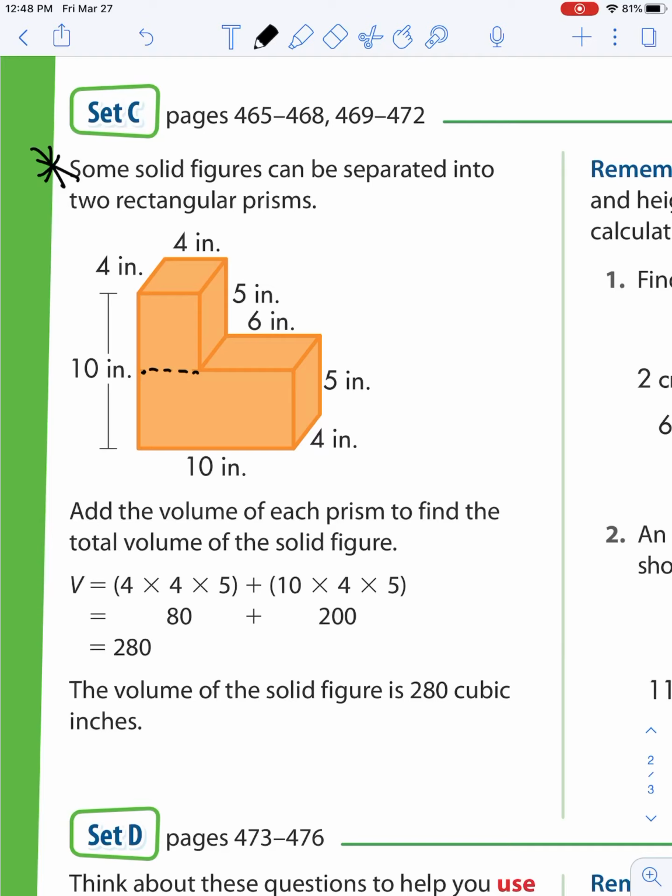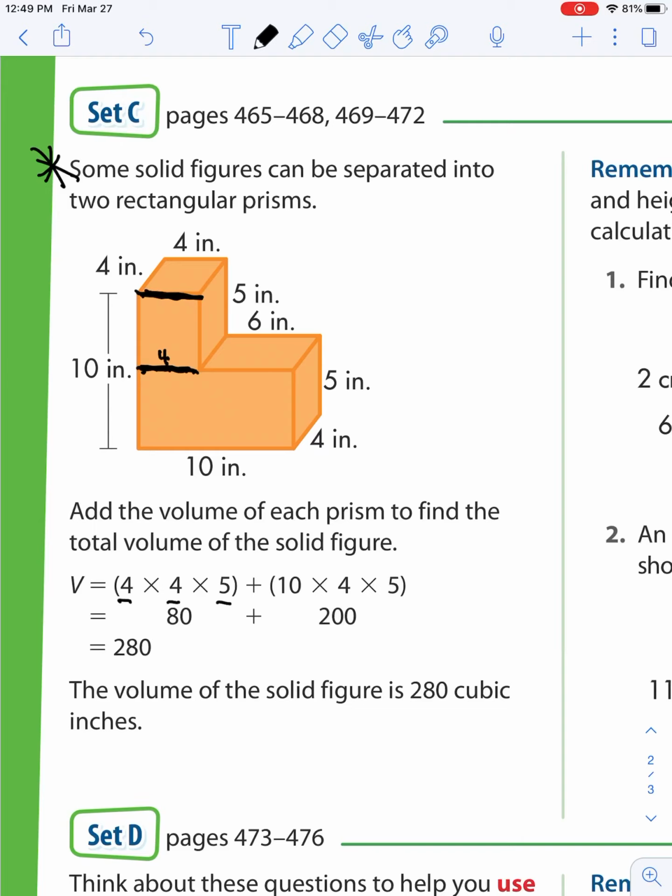They're showing you how to do it with a formula. Volume is going to equal the volume of the first one, which is 4 times 4 times 5. So where are those amounts? Here's 4, this amount right here. Now how do you know that's 4? Well, there's a lot of ways you can find that out. 4 is opposite this side, and sides that are opposite in a rectangular prism are equal.